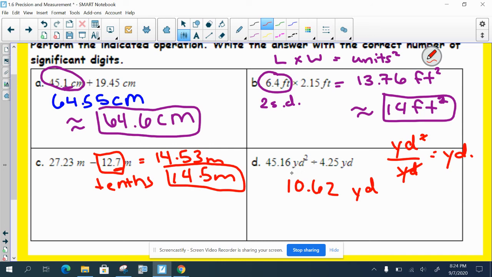So if they both have the same level of precision, then you just go by which one has the least number of significant digits, and that would be this one. So this has 3 significant digits, so we round our answer to 3 significant digits, which would be 10.6 yards.